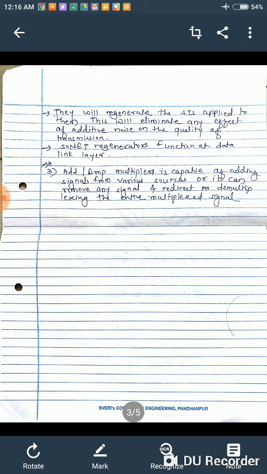So the add drop multiplexer, that is the central important block, can act as a multiplexer or as a demultiplexer based on whether we are using mux or demux at the transmitter side. So that is the basic working principle or basic structure of the SONET.